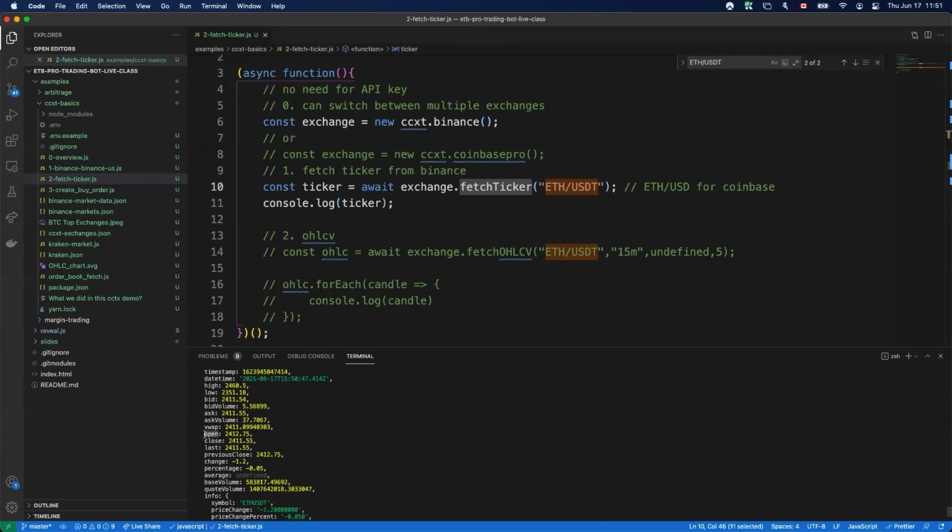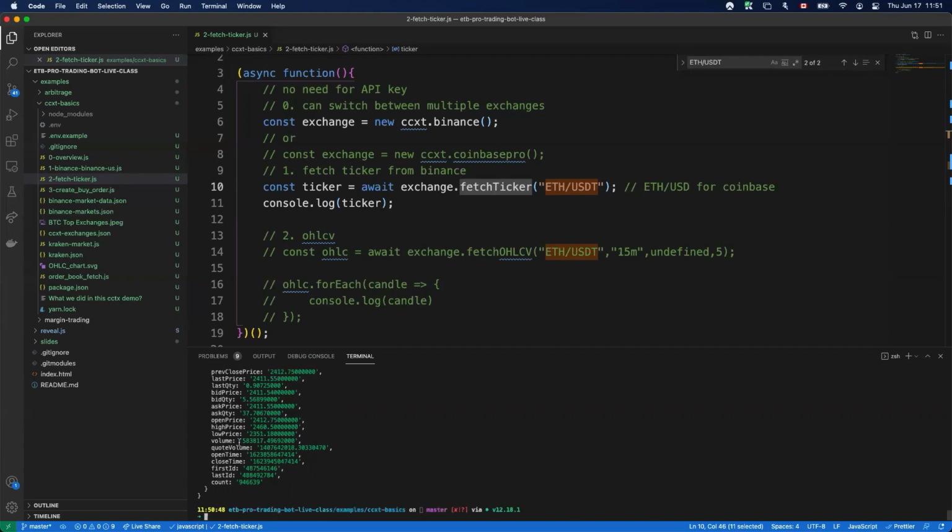You'll see at what price it opened, at what price it closed, and other information like the symbol. So the symbol that is being used is ETH USDT. What are the bid prices? What is the last quantity? So all this data that you need for analysis can be made available using the fetchTicker API.